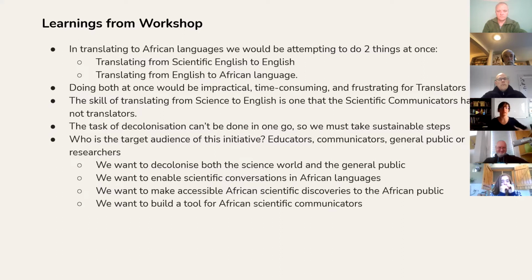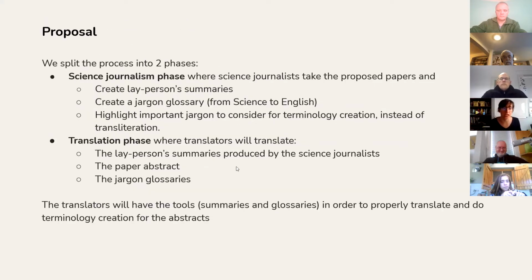We want to enable these scientific conversations in African languages, but at the same time, there's a need to make the research that does exist accessible to the African public. Here we were specifically focusing on African scientific discoveries made by African scientists. And we still want, in the long term, to build a tool for African scientific communicators to start speaking about their work in their native language, as opposed to in English.